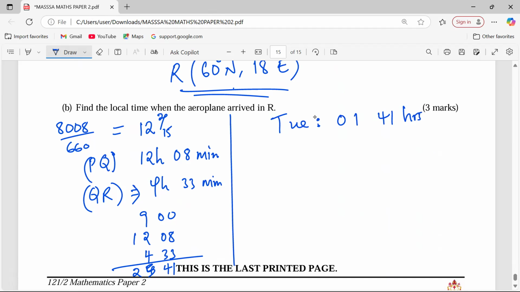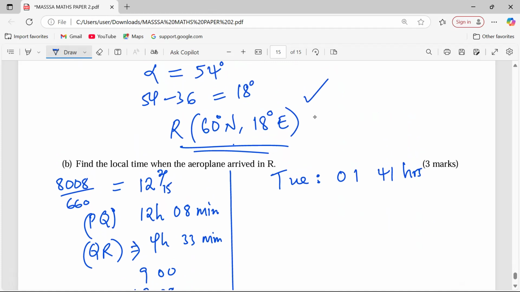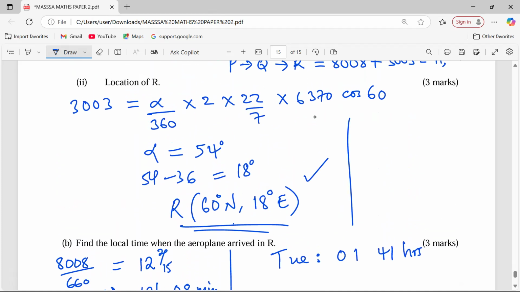But now, on arriving at R, because the places are not on the same longitude, we discover that R is to the east, so time is already ahead. It will be ahead by how many hours or minutes? We say that the 360 degrees of the whole Earth are rotated within 1440 minutes of a day.